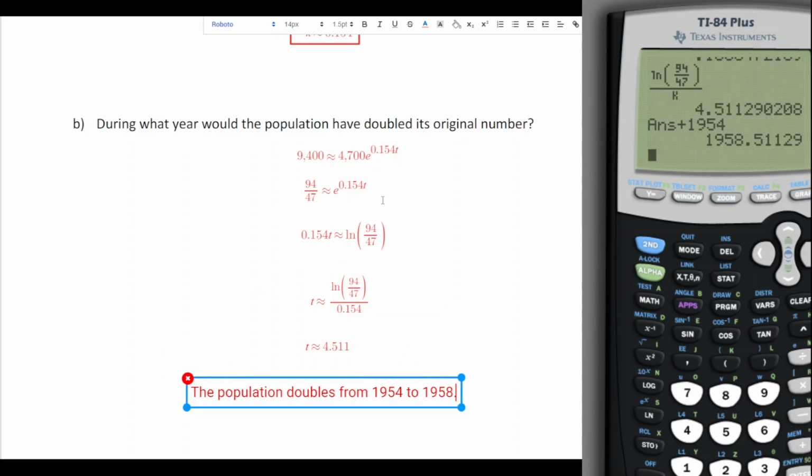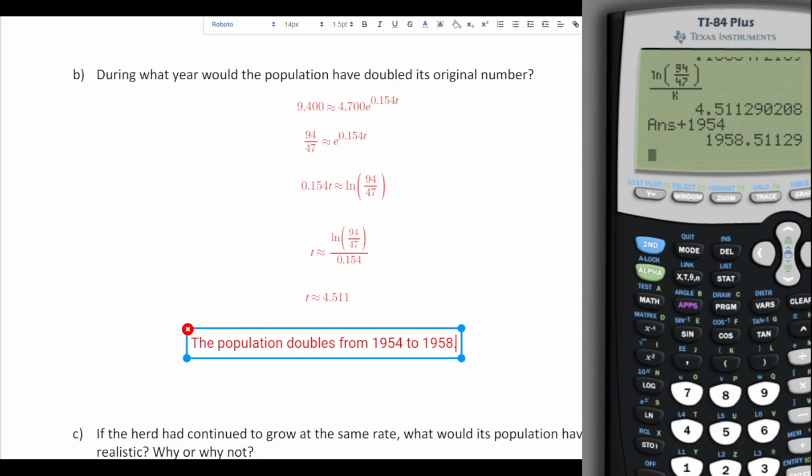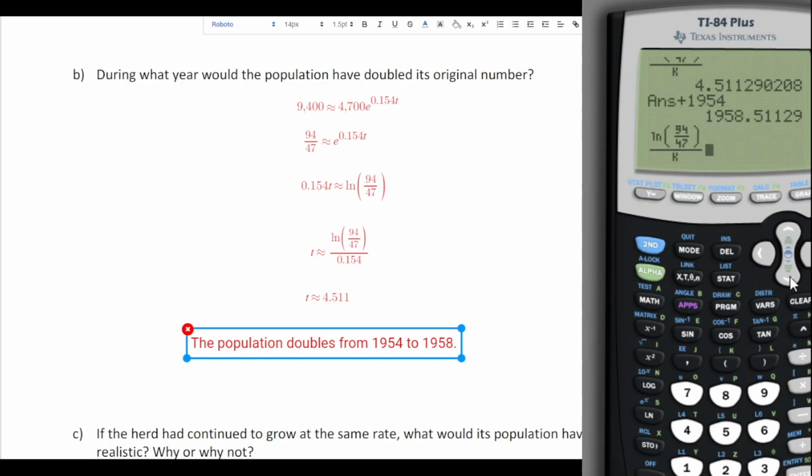Yeah, there we go. Now, just to double check what I was saying earlier, if I were to go back here and instead of typing k, type the rounded k that I've been writing out, the 0.154, I get a slightly different number.